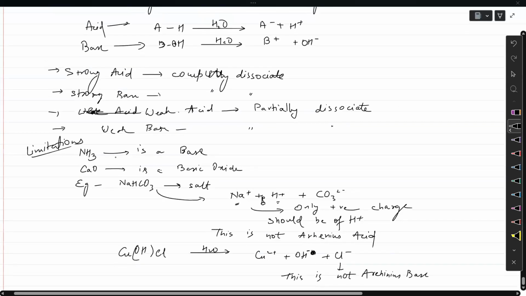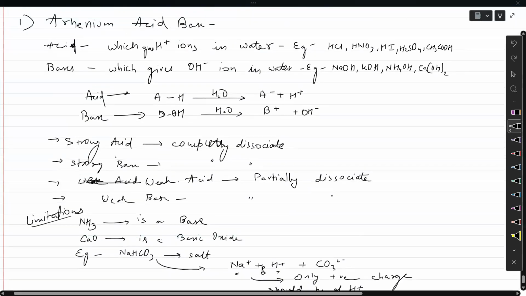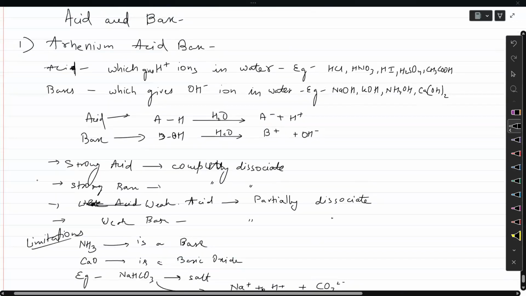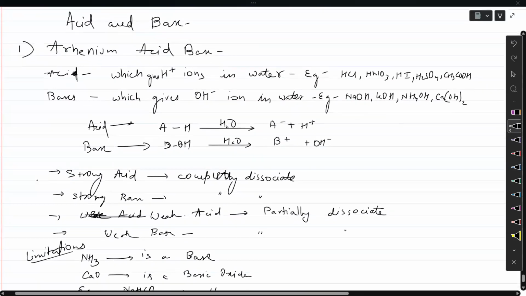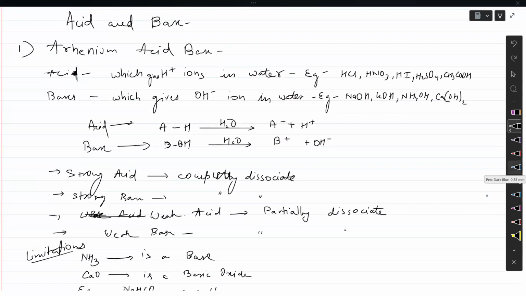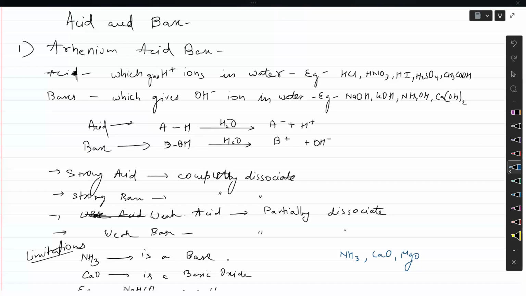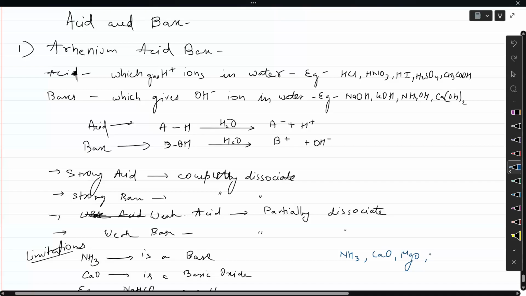The limitations you can skip, no problem. Have you written the above thing, Arrhenius acid? Please write. In limitations, you will just write NH3, CaO, MgO. According to him, these are not acid or base, so there are some limitations.